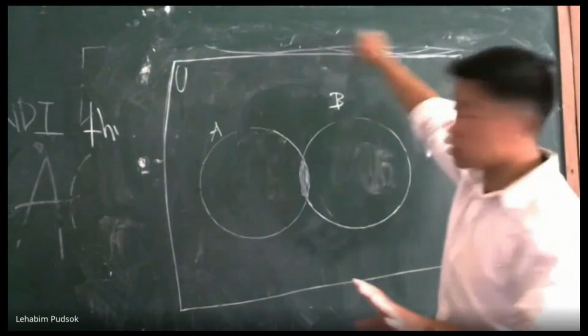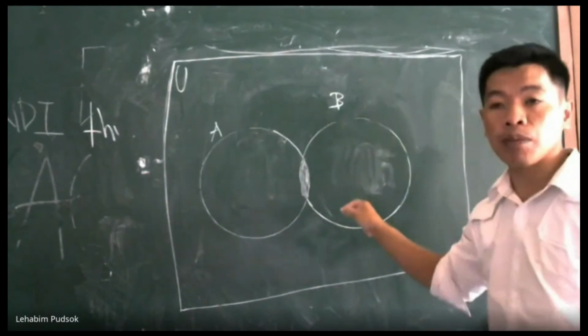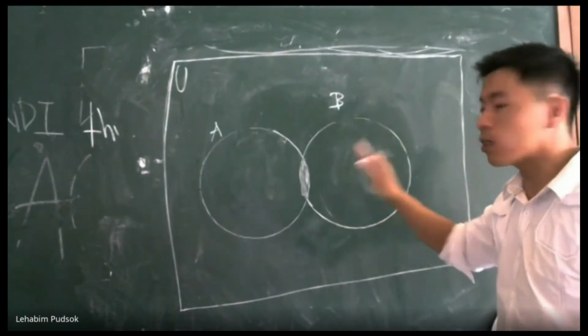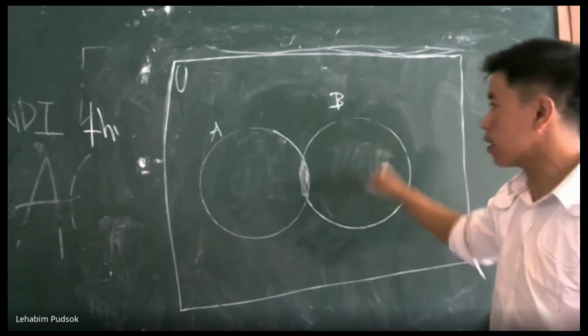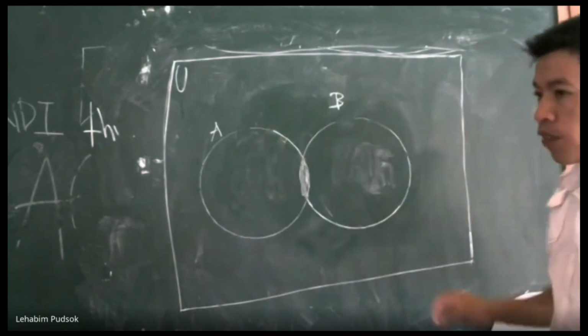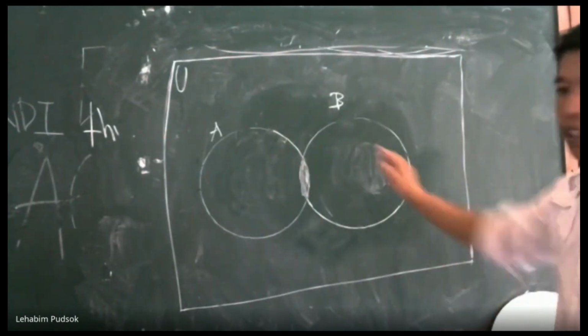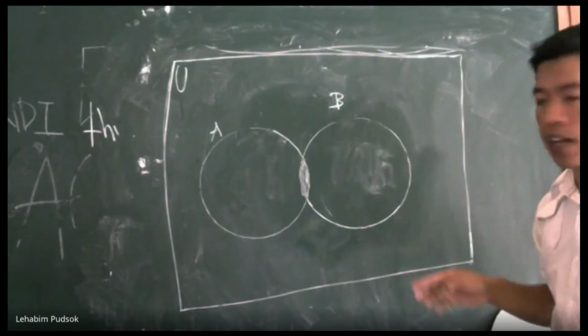We don't know the elements because there is no given, so it is just a representation. You interpret the given diagram and say what the meaning of that Venn diagram is.